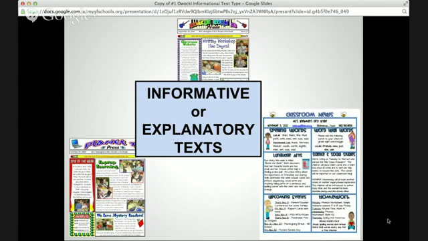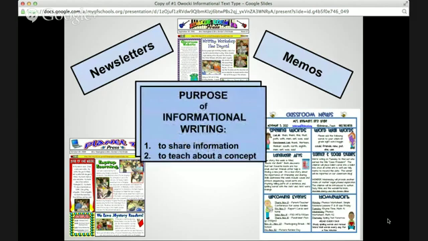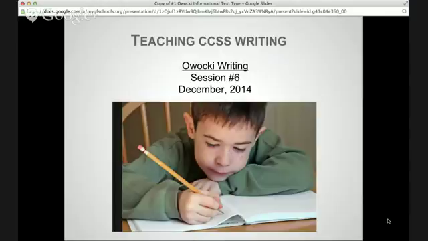Another format would be the traditional newsletters from your classroom, what's happening in science and social studies, upcoming events. And again, all of that is with the intent to share information or to teach about a concept. So there is a variety, like Allie said, of print and digital formats for informative explanatory text.